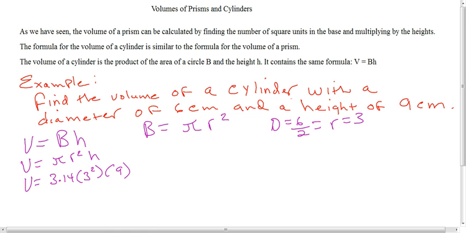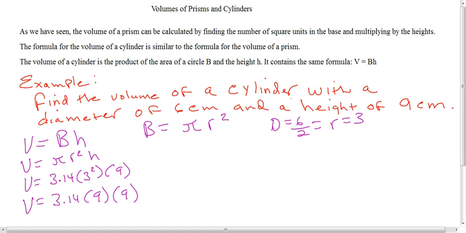Or we can take 3.14 times 3 squared, which is 9, times 9. By the associative property of multiplication, we can multiply 9 times 9 and get 81, and then multiply that times 3.14. So don't get confused on that.